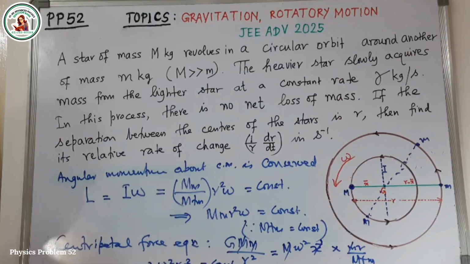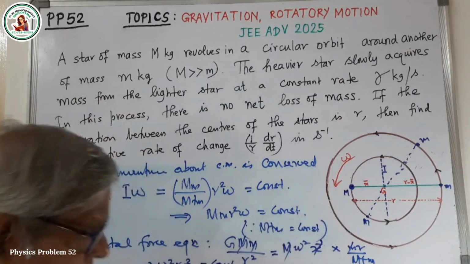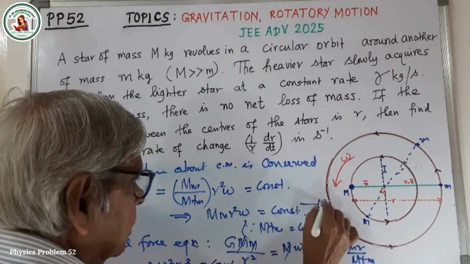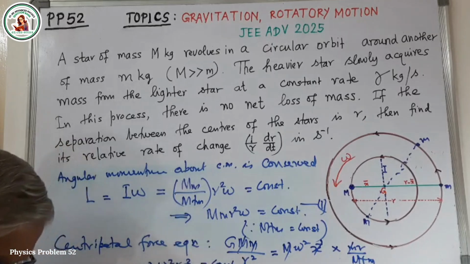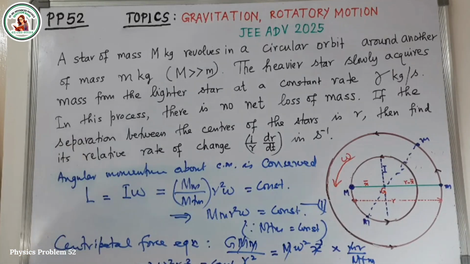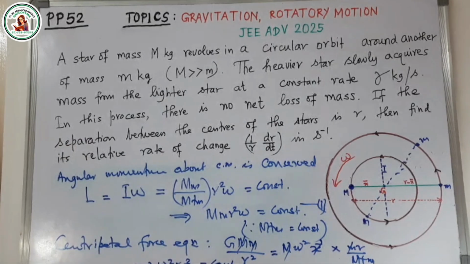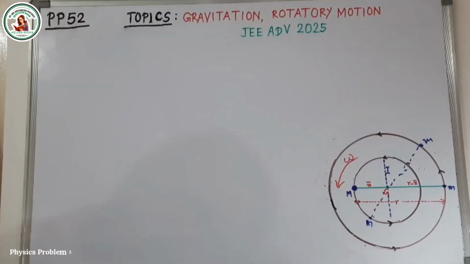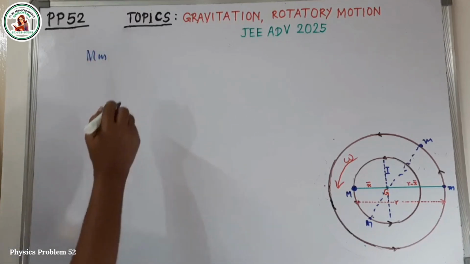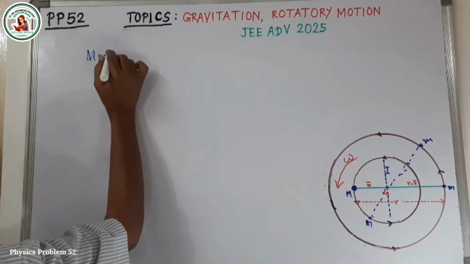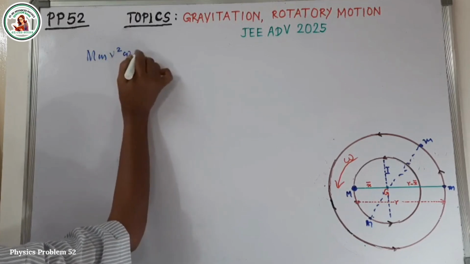So two important results we got. This is constant, equation 1. This is also constant, equation 2. So how can we use these two? Let us take note of the two results. One was M m r square omega equal to constant.